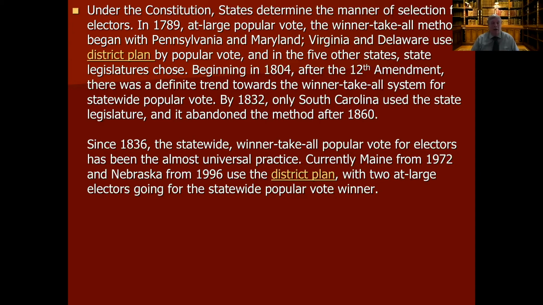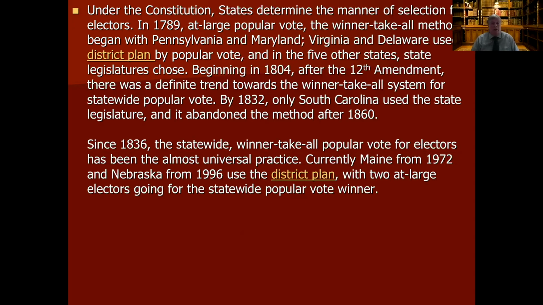the 1789 presidential election. So beginning in 1804, after the 12th Amendment, there was a definite trend towards the winner-take-all system for a statewide popular vote. By 1832, only South Carolina used the state legislature, and it abandoned that method after 1860, the start of the Civil War.